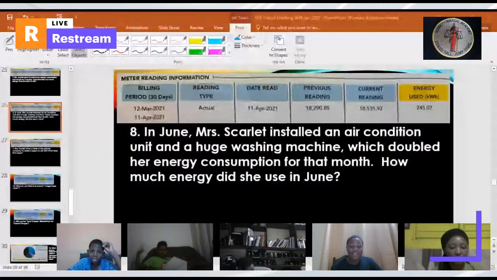In June, Mrs. Scarlett installed an air conditioning unit and a huge washing machine, which doubled her energy consumption for that month. How much energy did she use in June?